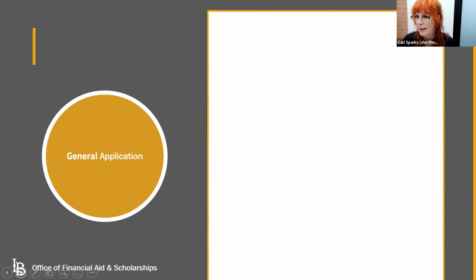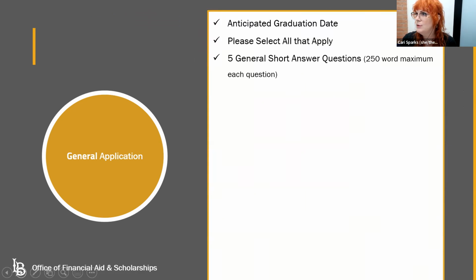We'll start with the general application. It's going to ask your student to put in their anticipated grad date. Anticipated just means when they plan to graduate, or when it's projected that they'll graduate according to the plan laid out with their advisor. If they end up graduating a semester before or after that anticipated grad date, they're not going to lose their scholarships or anything like that.